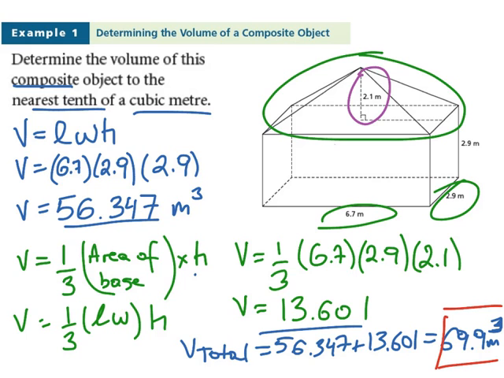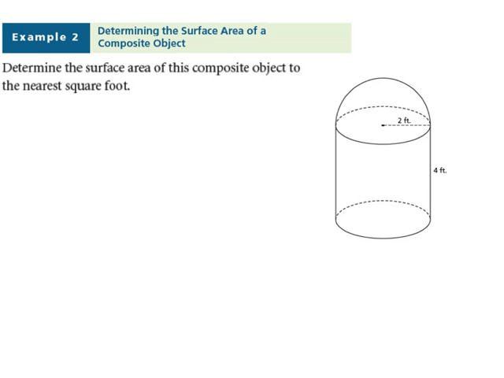Let's take a look at another example. Determine the surface area of this composite object to the nearest square foot. First, we have to understand what the surface area of this object is. First of all, we have a hemisphere, but that hemisphere does not include the circle right there.